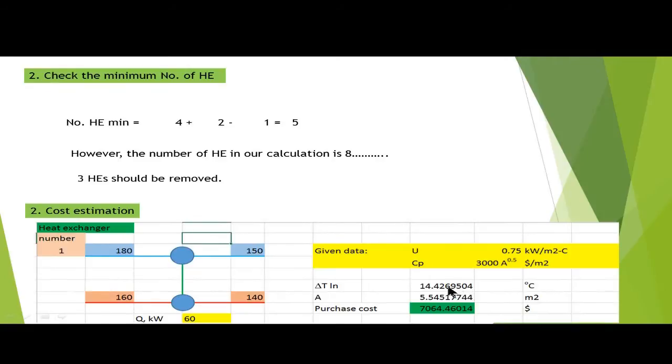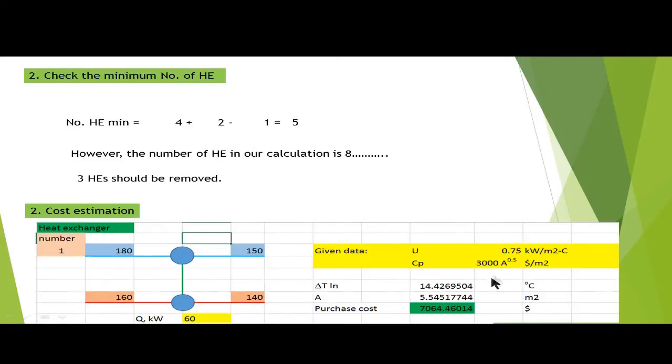So first, what we do is calculate the delta T log mean. This delta T log mean is equal to the difference of this part minus the difference of this part, divided by the natural log of this temperature difference divided by that temperature difference. I think you should be familiar with that. And then the area will be equal to Q divided by U times delta T log mean. So the area for the first heat exchanger is equal to 5.5 square meters.